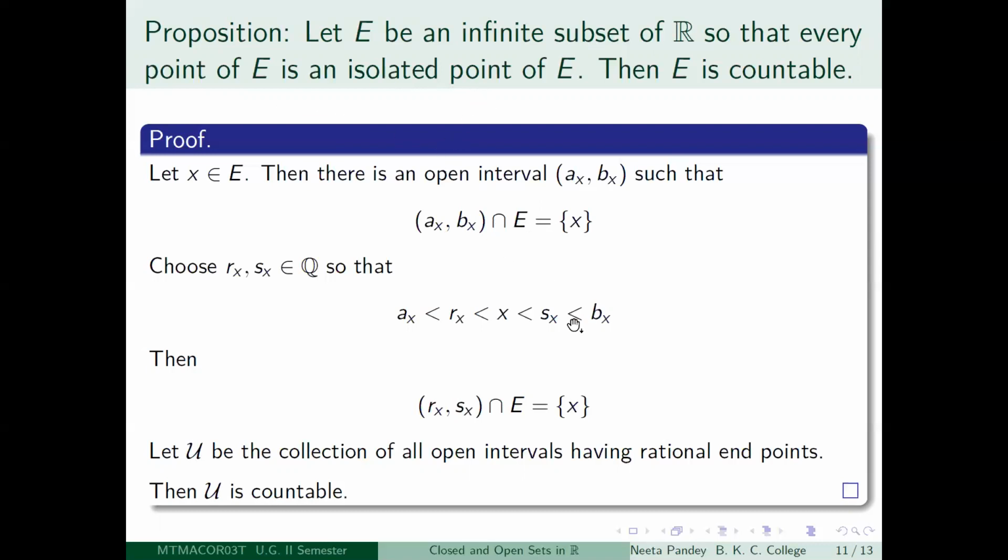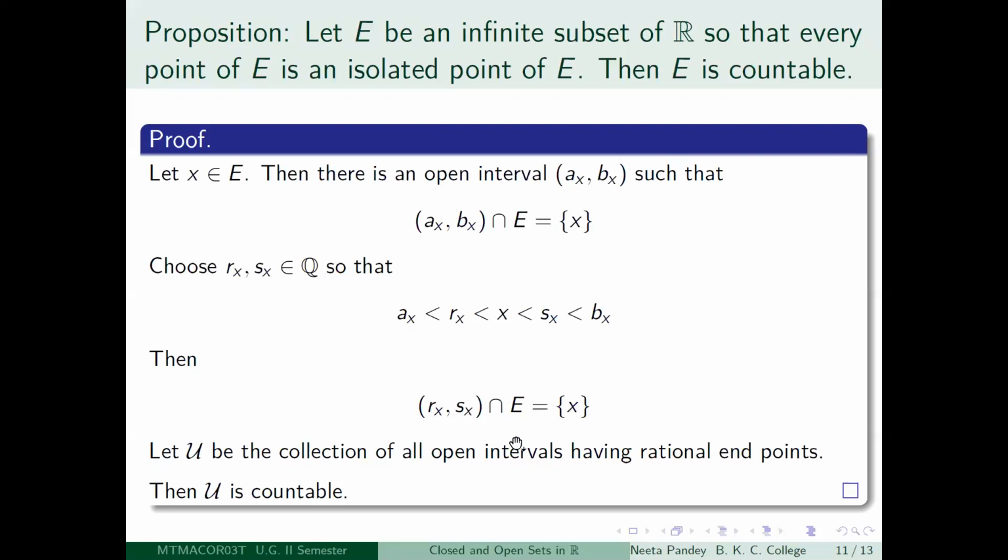Okay, now what you do is, so you have a_x less than x less than b_x. So you choose a rational number r_x between a_x and x, and choose another rational number s_x between x and b_x. Then what do you get? (r_x, s_x) is also an open interval, and x obviously belongs to that, and (r_x, s_x) intersection E is going to be also singleton x, because the open interval (r_x, s_x) is a subset of the open interval (a_x, b_x). So this intersection can be only singleton x.